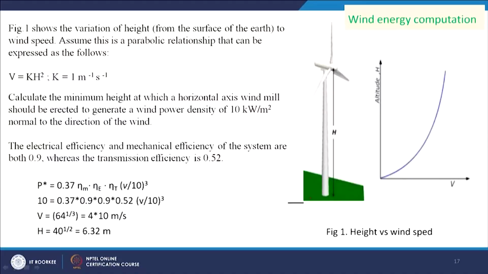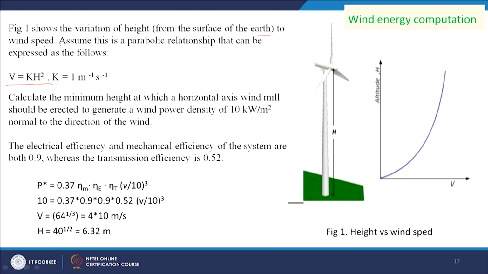Now, we will see another problem statement. So, this is the figure, it shows one horizontal axis windmill, wind, and the distance is h, and the height and the velocity are related with this formula v equal to k into h square. Then figure 1 shows the variation of wind speed with height from the surface of the earth.